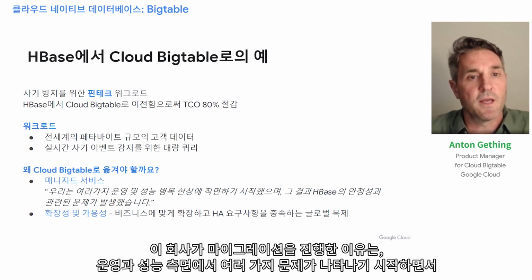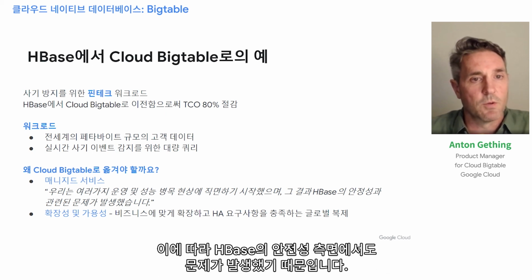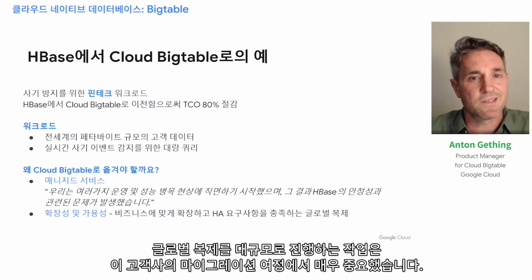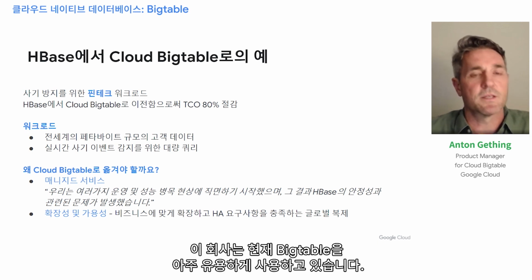And the reason they moved over, we can hear from the customer, is that they started to encounter a number of operational and performance bottlenecks, and subsequently challenges around the stability of HBase. And based on that, not only the management overhead, but also the scalability and availability of Bigtable, global replication at scale was very important to the customer for this migration, and they're now successfully using Bigtable.